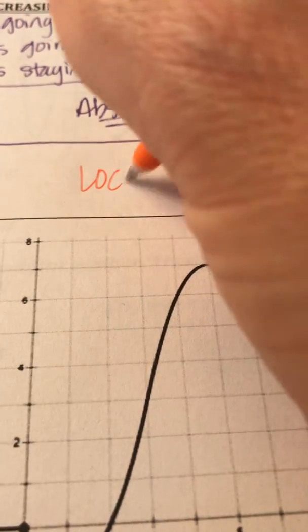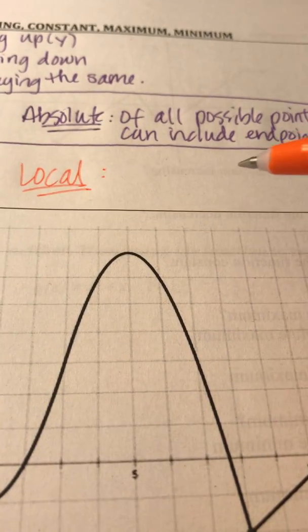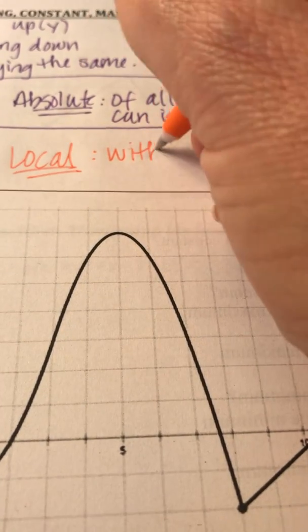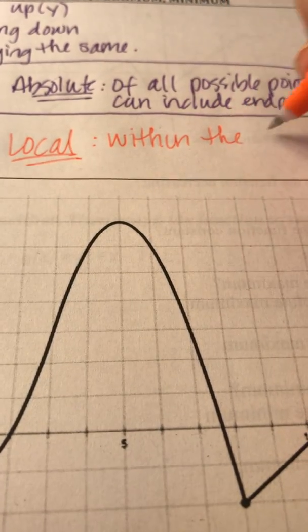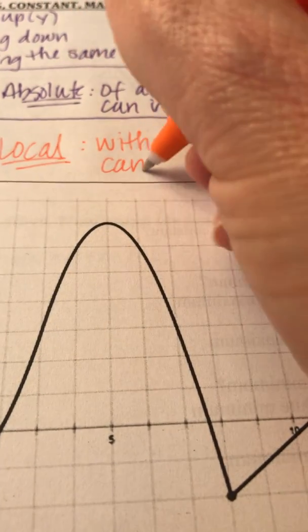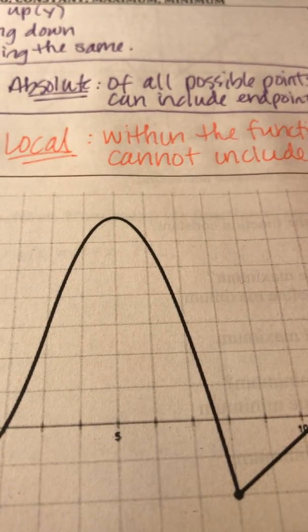But if we're talking about the local points, these are the points within the function. This one cannot include endpoints.